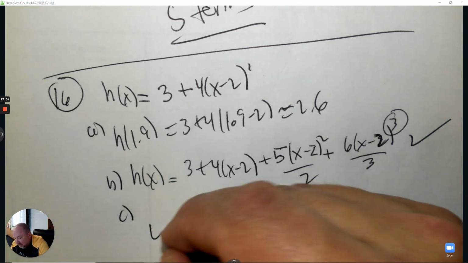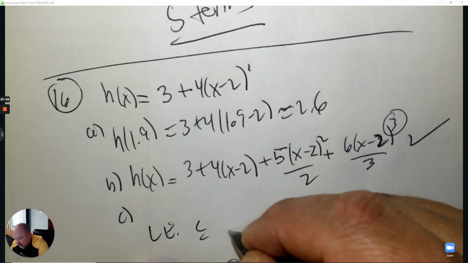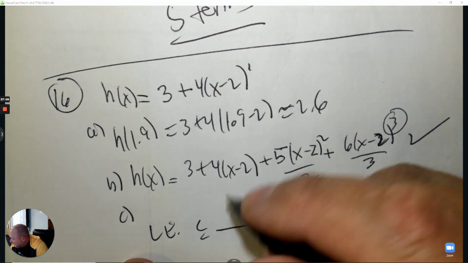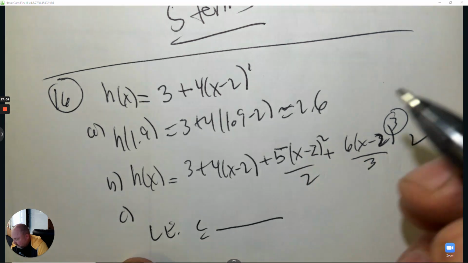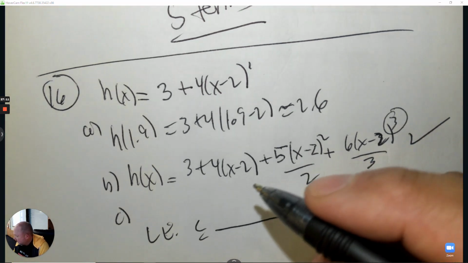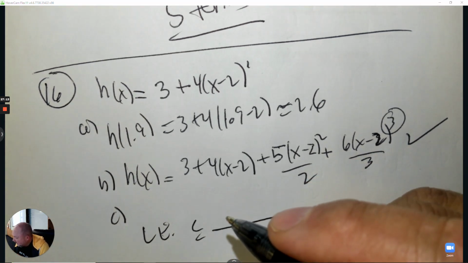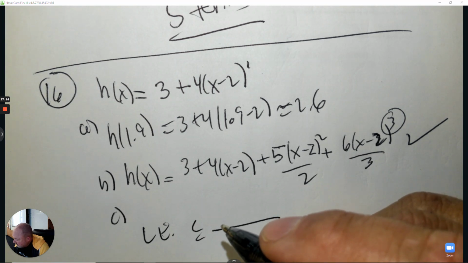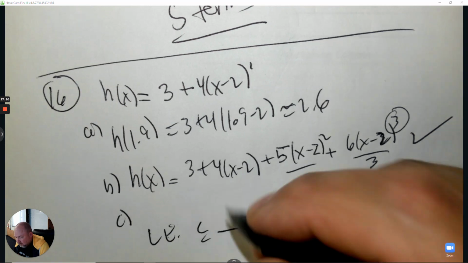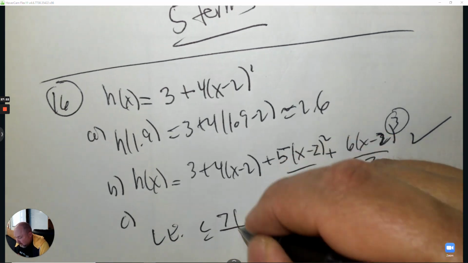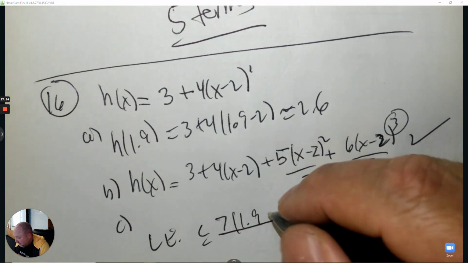So for the Lagrange error method, the number to begin with is 7. Then it would be 1.9 take away 2.